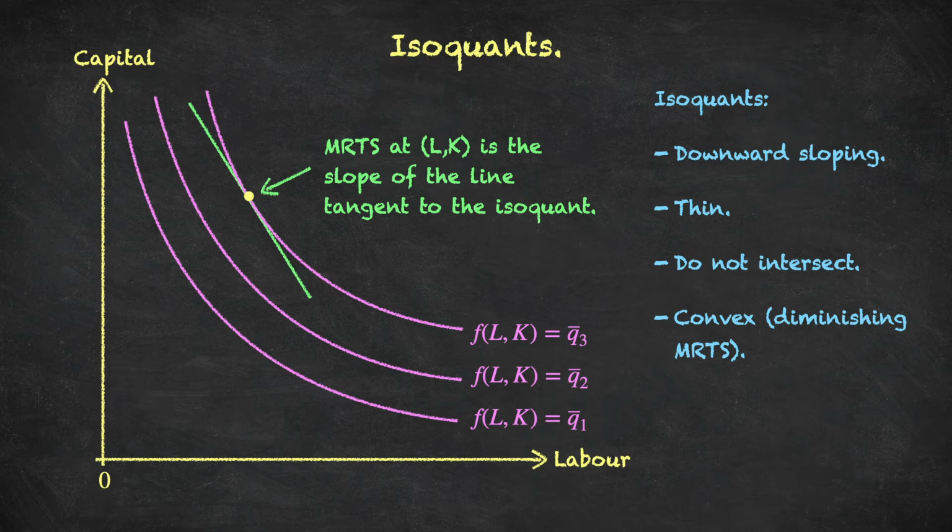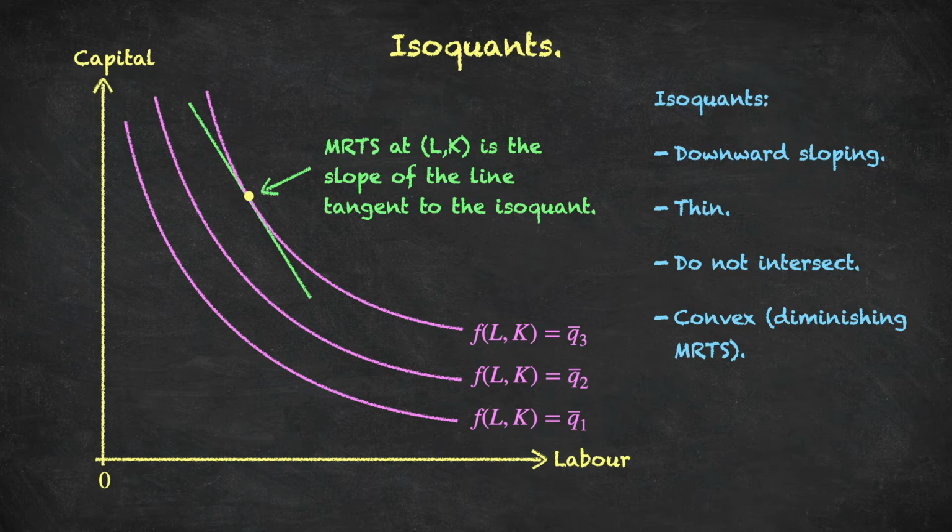Here in this diagram, I've drawn some typical isoquants. So we have three isoquants. The lowest of these, or the isoquant closest to the origin, is all of the different combinations of labour and capital that produce output Q bar 1. Above this we have an isoquant labelled Q bar 2, and above this an isoquant associated with output level Q bar 3.